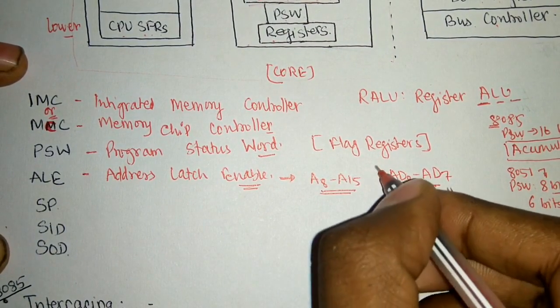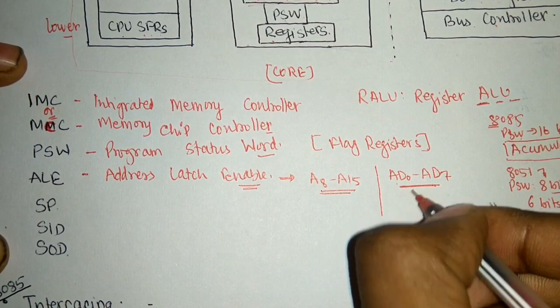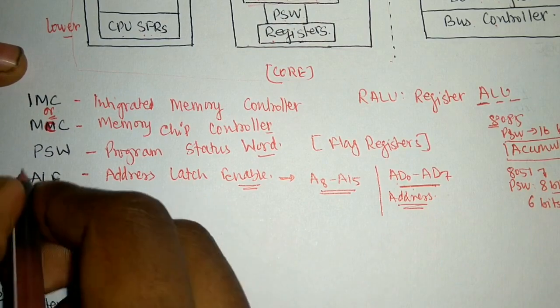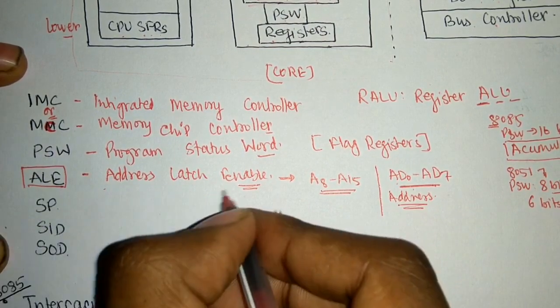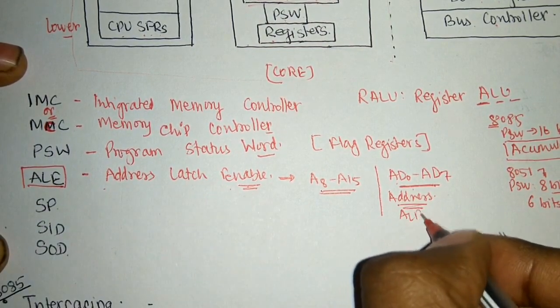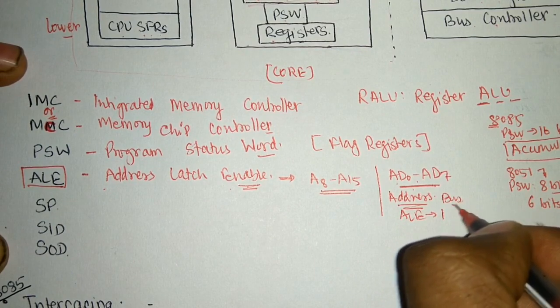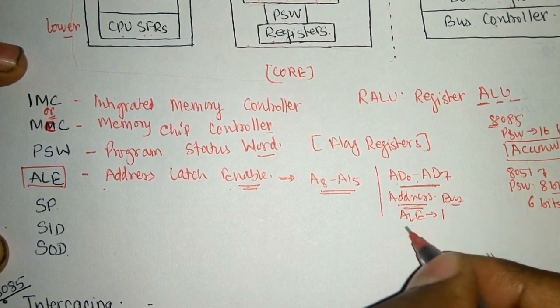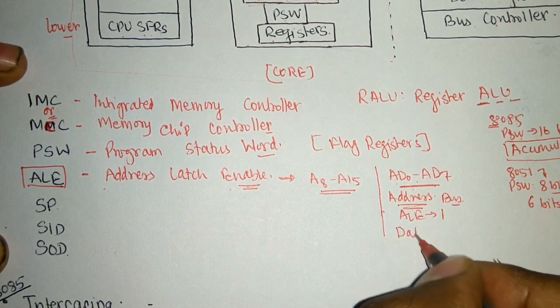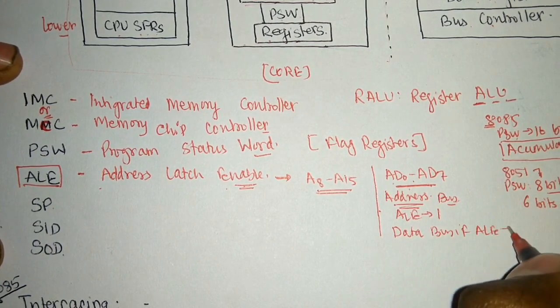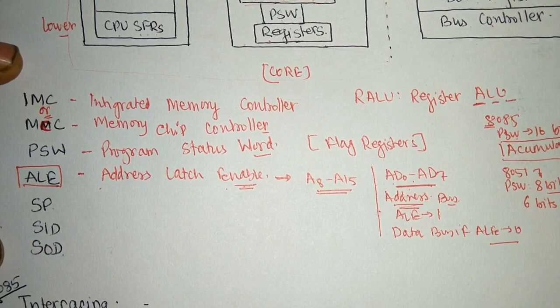So whenever I want to use it as an address bus, I will be using a latch, ALE basically. Latch enable means whenever my ALE is set to 1, or high, then it will be working as an address bus. Okay, and when I set my ALE to 0, it will be acting as a data bus. So data bus if my ALE is 0. That is just a part of our microprocessor or microcontroller.